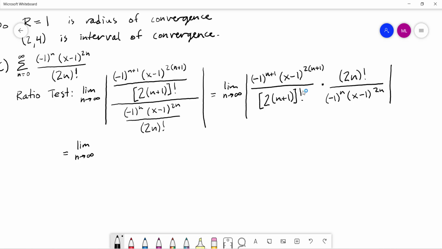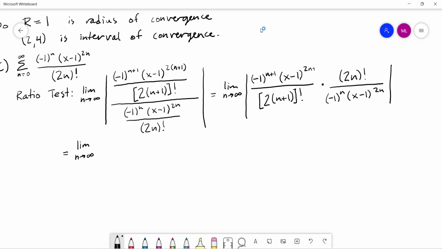What I do have still is, let's see here, we're going to have this term over this term. So (x minus 1)^(2n+1), if you want to think of this, maybe it would be easier to come back up here and actually distribute the 2 through and write this as 2n plus 2.